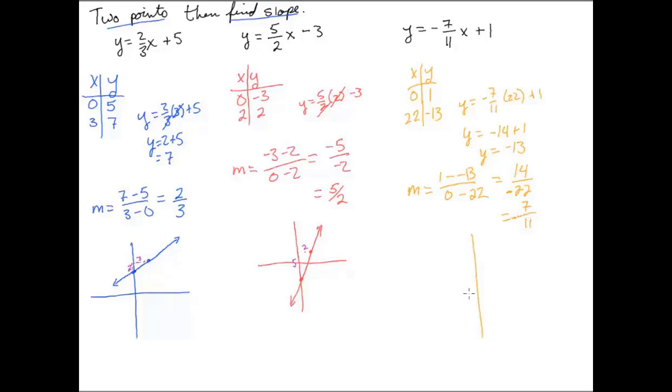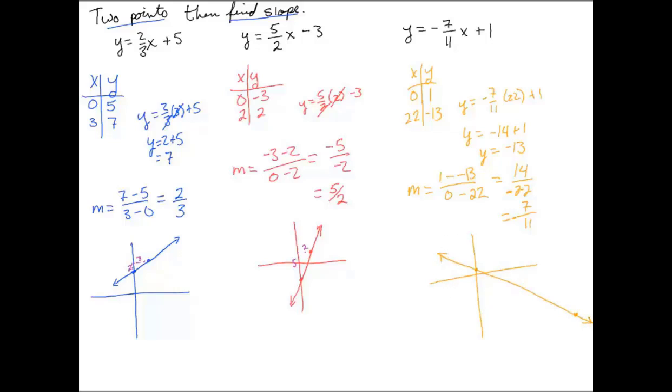Good deal. And if we graph this, we have the point 0, 1 about right there. And we're going to go over 22 and down to negative 13, about right there. And here we have this line going down like that.